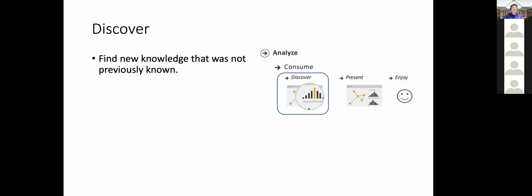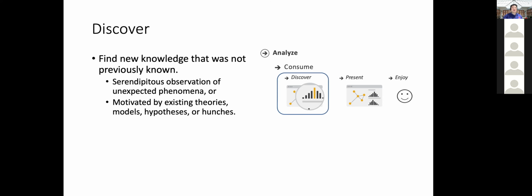And for discover, that's maybe the most common one. You want to analyze the data and discover something new you didn't know before from the data set. It could be something completely unexpected, or you might already have some idea about the dataset, and you use discover, or the visual analysis, to confirm whether that's the case or not.